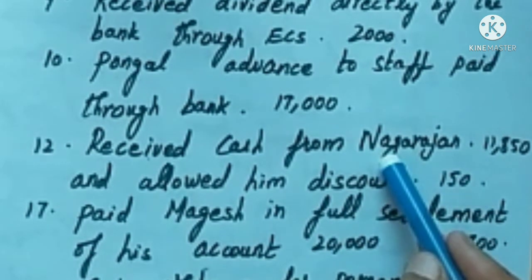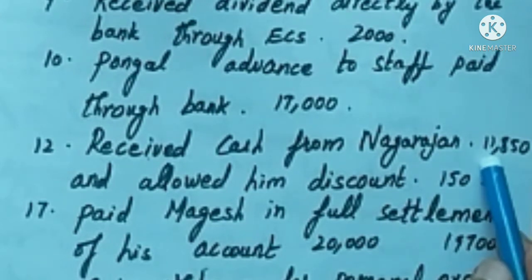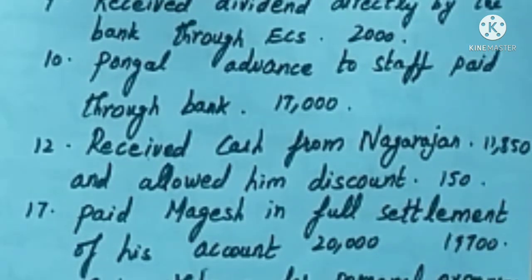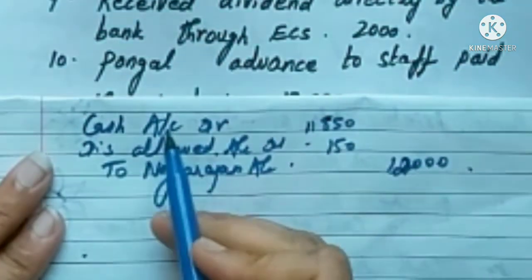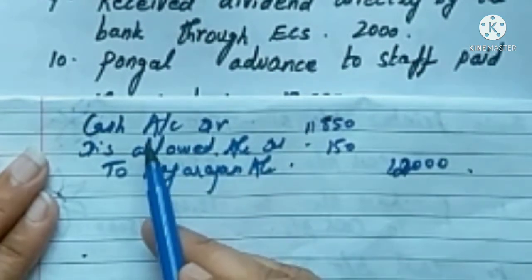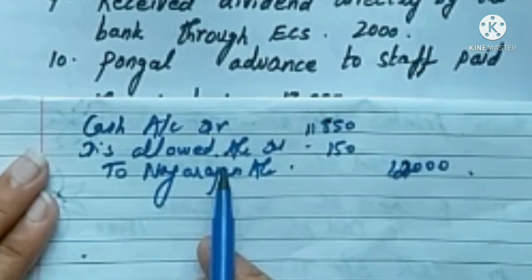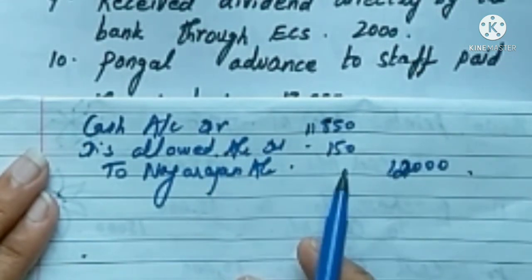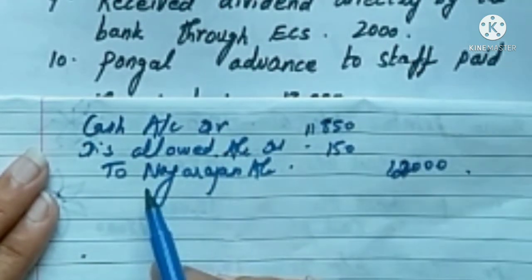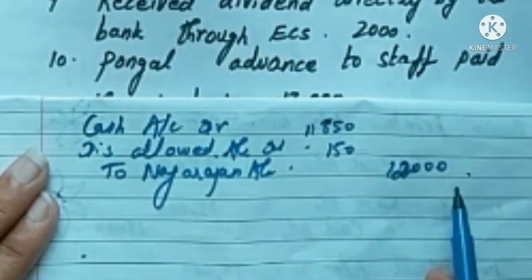Then we have to credit Nagarajan with rupees 11,850. The journal entry is cash account debit 11,850, discount allowed account debit 150 and Nagarajan's account 12,000.